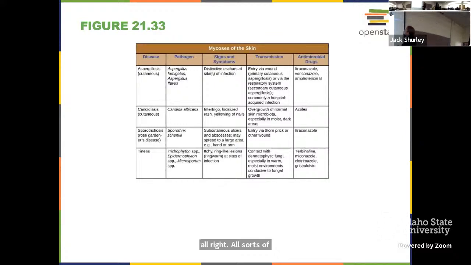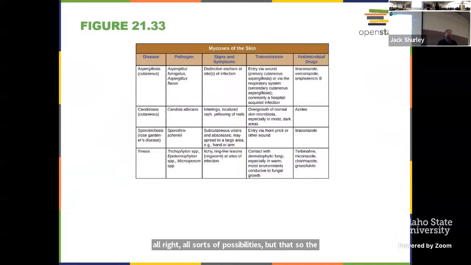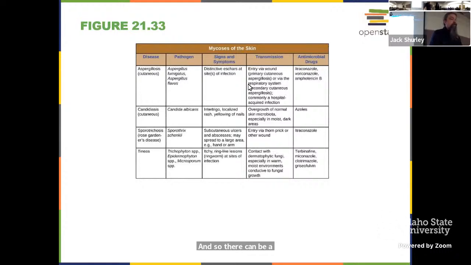So the mycoses, the fungal infections in the skin, truly are numerous. The aspergillosis, the cutaneous bit, fumigatus and flavus are the two species with that. And so there can be a couple of potentials, all right? It can be a direct inoculation.